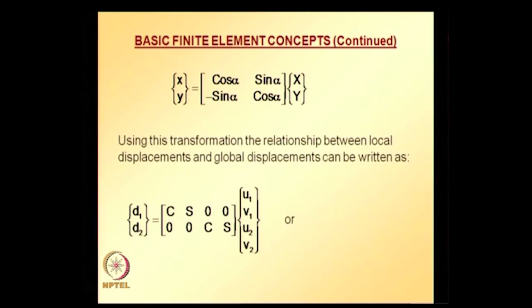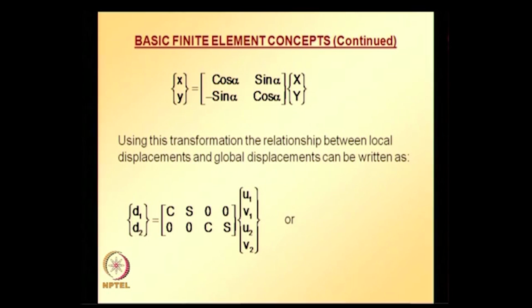So we know the transformation between the local x, y axes and the global x, y axes. So d1, which is the local displacement at node 1 in the x direction, is related to the global displacements u1, v1 in the capital X, capital Y directions in the same manner as small x is related to capital X, capital Y, that is, d1 is equal to cos alpha u1 plus sin alpha v1.